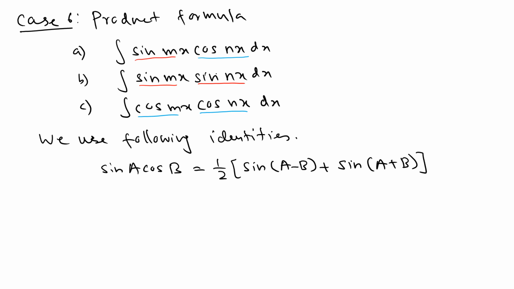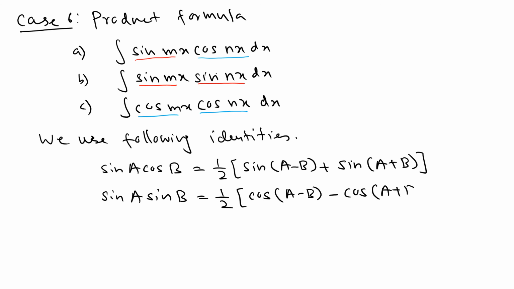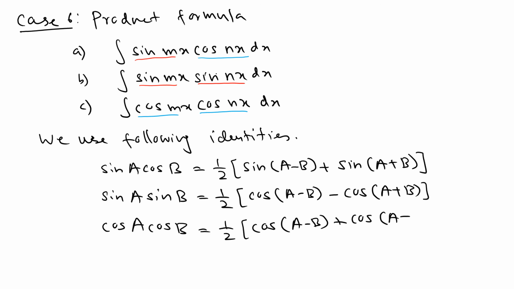If we have the same type, for example sine A sine B, then these are both cosine: cosine A minus B minus cosine A plus B. And if we have cosine A cosine B, both cosine, then we have cosine A minus B plus cosine A plus B.